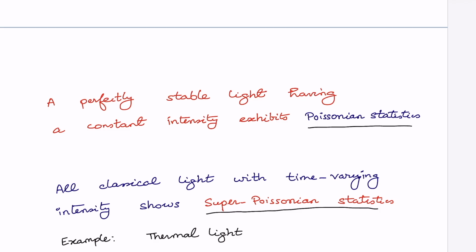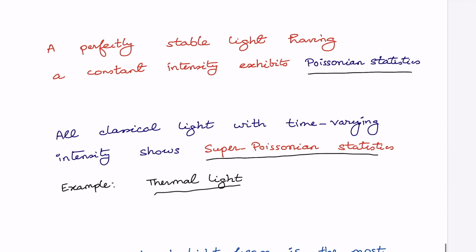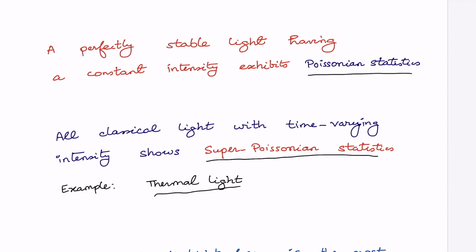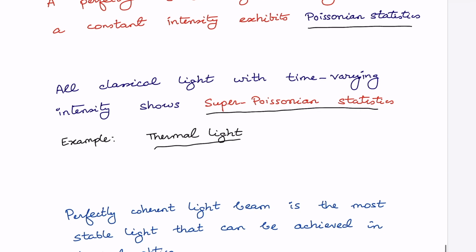For example, the so-called thermal light from a black body source has fluctuating light intensity and shows super-Poissonian statistics. We are going to show it quantitatively very soon.